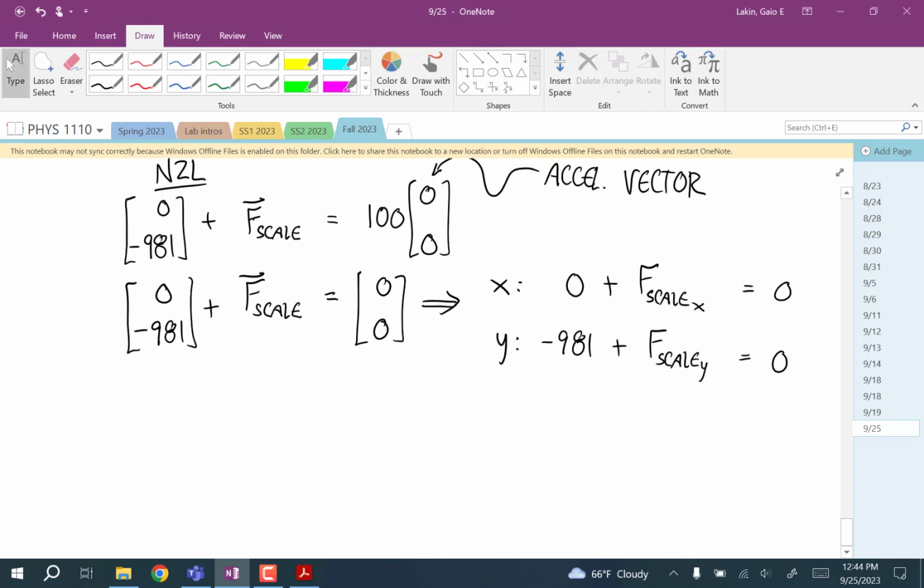So do the algebra, and what you get is that the force applied to the man by the scale is equal to 0 for x, positive 981 newtons for y. Or in other words, 981 newtons up.